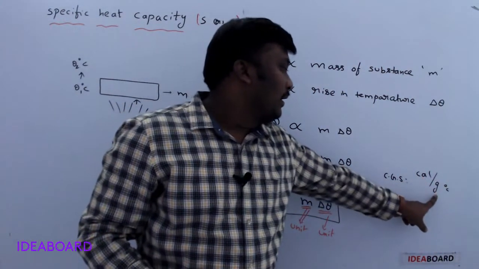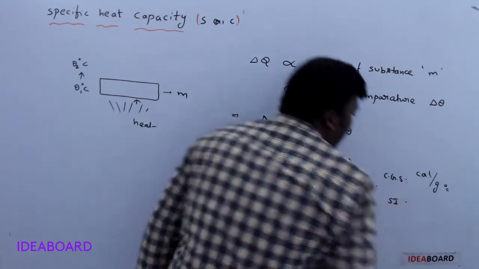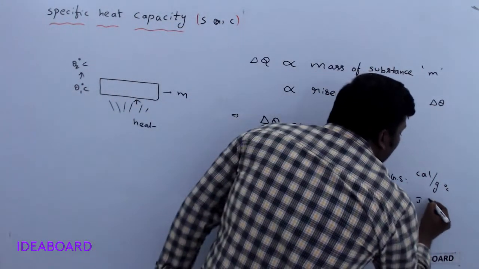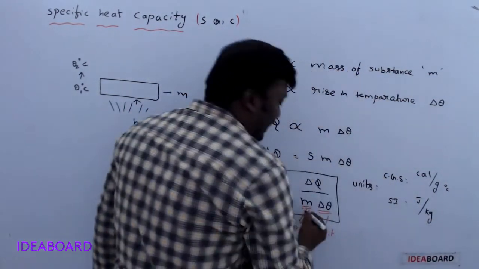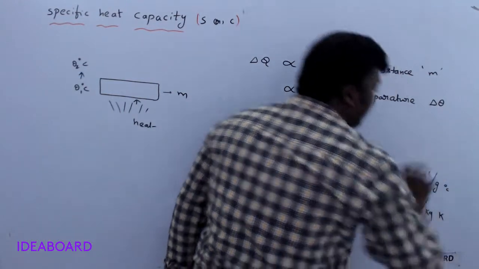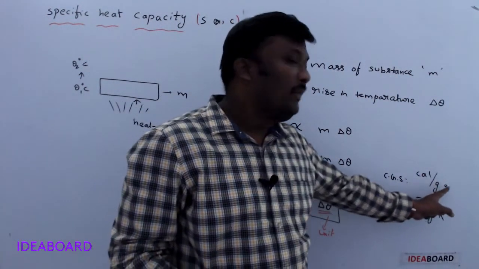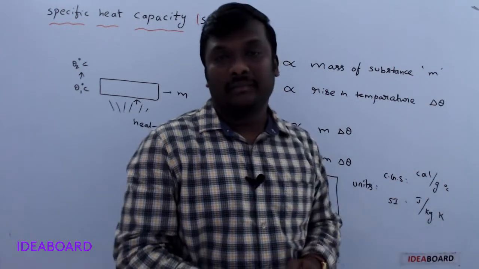Calorie per gram degree Celsius. In SI units, heat is measured in joules, mass in kgs, temperature in Kelvin. Understand now? So CGS is calorie per gram degree Celsius, and SI is joule per kg Kelvin.